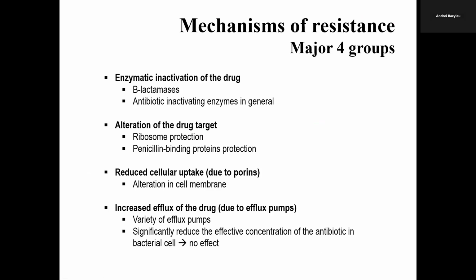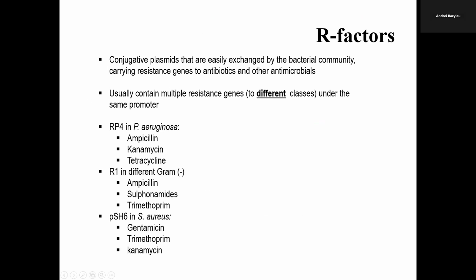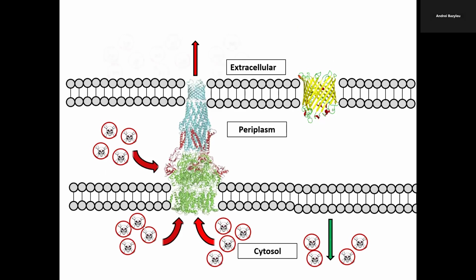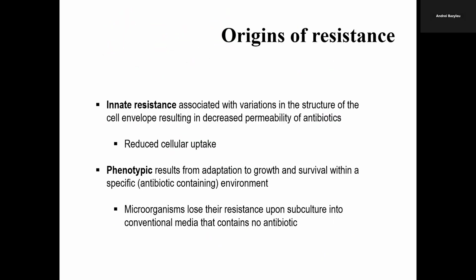can be classified into these categories based on their mechanism of action, but also they can be classified into something like this, into the nature of that resistance, and specifically whether the resistance is considered to be innate or whether it's considered to be phenotypic or acquired.